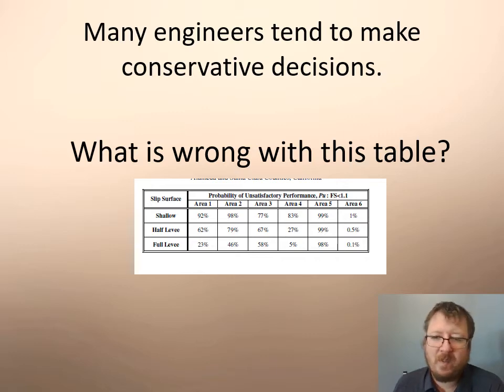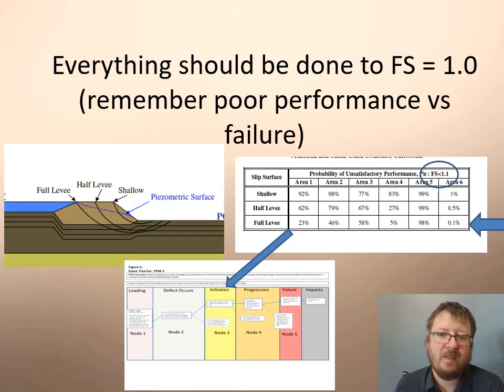So there are a couple of challenges that we had here. First, the probability of unsatisfactory performance you see right here in the table. We were looking at probabilities of the factor of safety being less than 1.1. And that seems like, oh yeah, 1.1 is a very low factor of safety. But what we really want is the probability that the factor of safety is less than 1.0, because 1.1 doesn't mean failure.